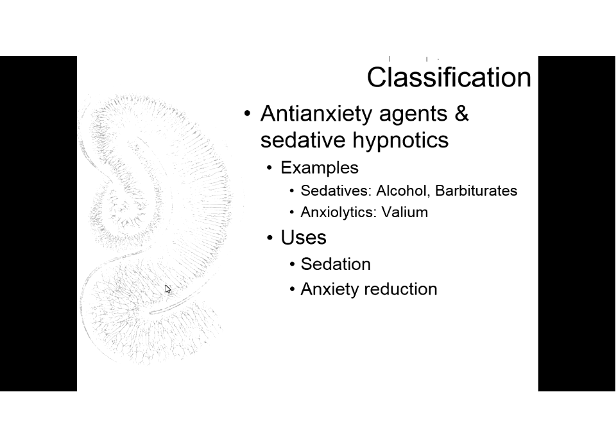We can use them to momentarily sedate people who are in an extremely aroused or stressed condition. Barbiturates or similar drugs can also be prescribed for people that suffer from severe anxiety, to try to reduce the anxiety they experience.